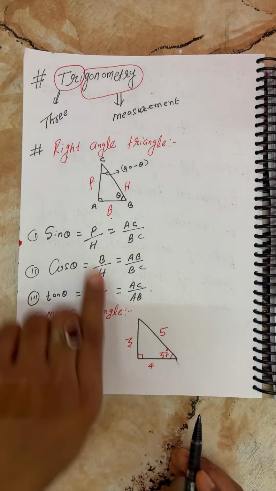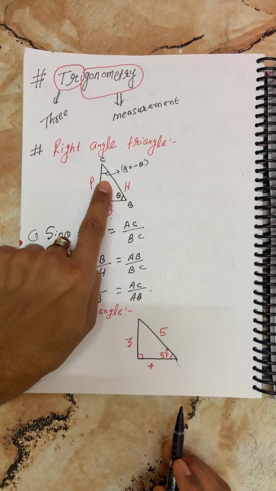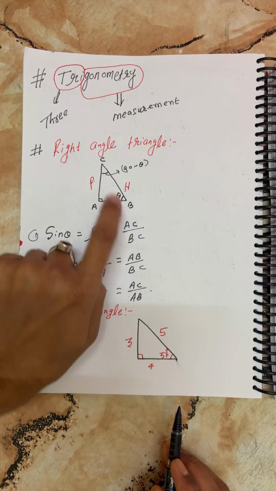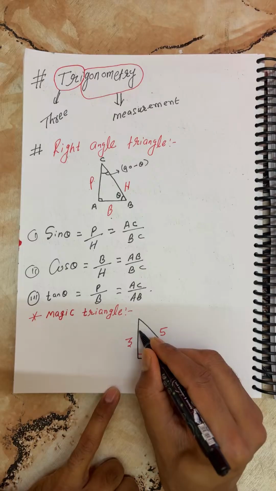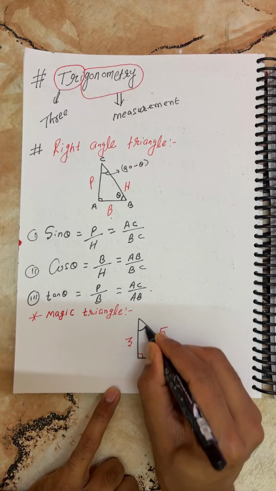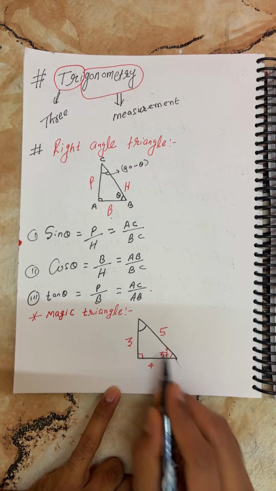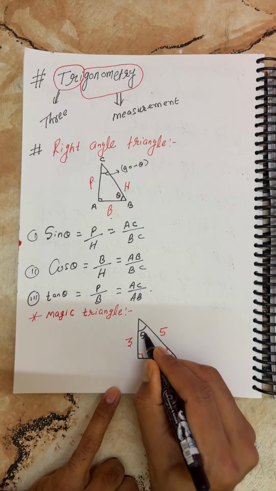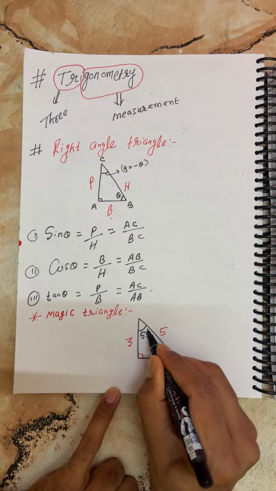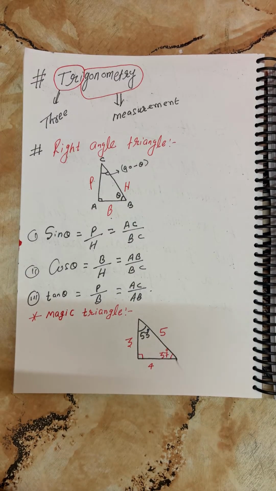Just now I showed it here: this is 90, this is theta. So this other angle is 90 minus theta, which is 90 minus 37, equal to 53 degrees, right, beta?